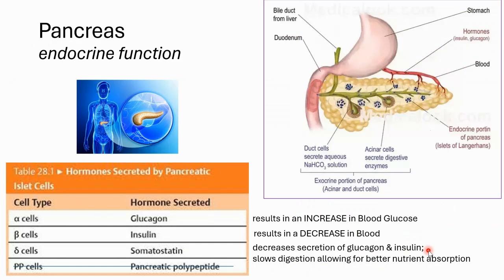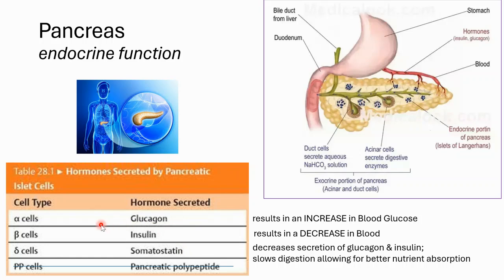Your pancreas. Your pancreas is a confusing little gland at times because not only is it involved in the endocrine system, it's part of the endocrine system, it's also involved in exocrine function, which is your digestive function. So we are just going to talk about the endocrine function of the pancreas within this chapter. And it secretes three hormones that we're going to worry about: glucagon, insulin, and somatostatin.